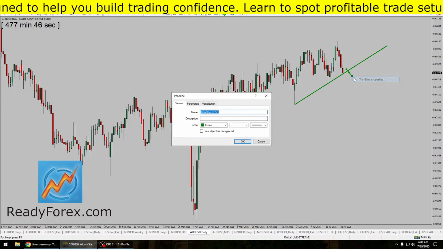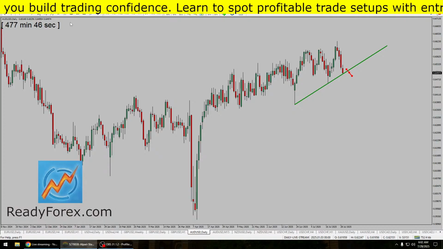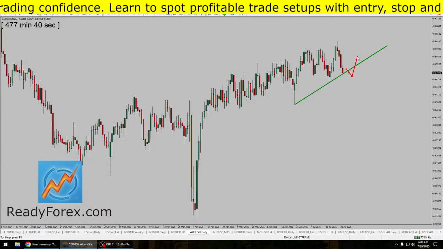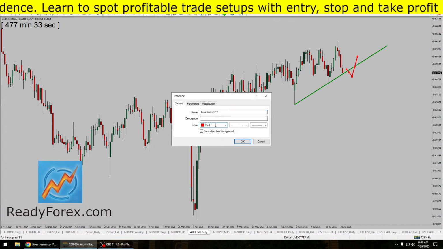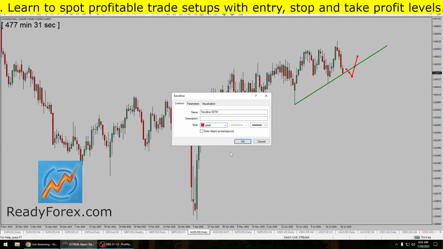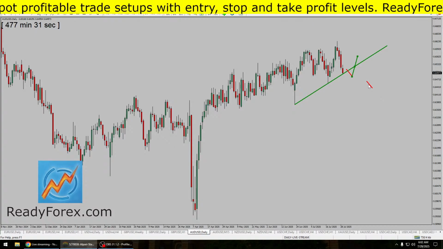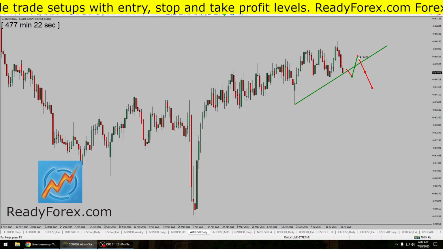Okay, and then we could expect a sideways price action, or my forecast is the market is going to try to show us a bullish leg over here, which no one expects, and after that expect further weakness in price action.